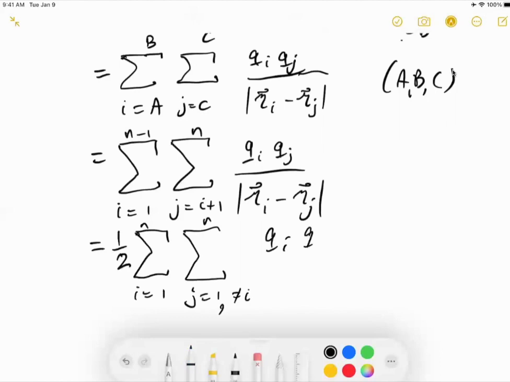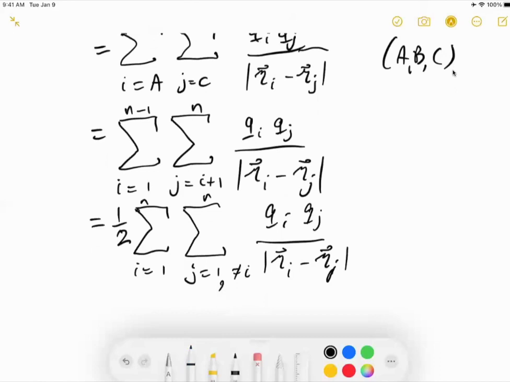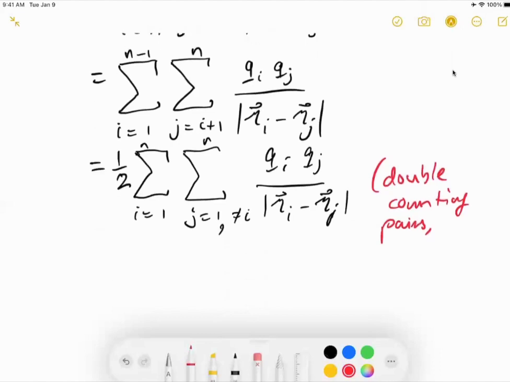Qi, Qj, but I'm going to be double counting my pairs, and I'm excluding the self interactions. So this is double counting pairs and not counting self interactions.